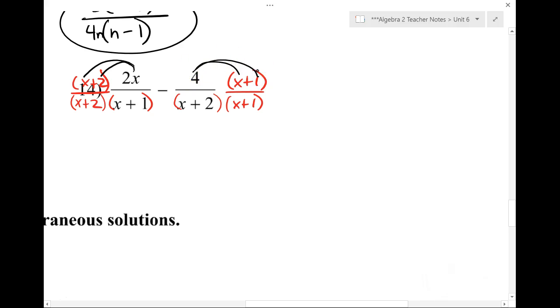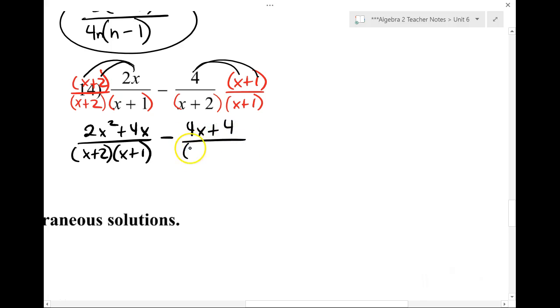So now I have 2x times x, which is 2x squared, 2x times 2, which is 4x, and then all over x plus 2 times x plus 1 minus, don't forget about that minus in the end, 4 times x, which is 4x, and then 4 times 1 is 4, all over the same denominator, x plus 2 times x plus 1.